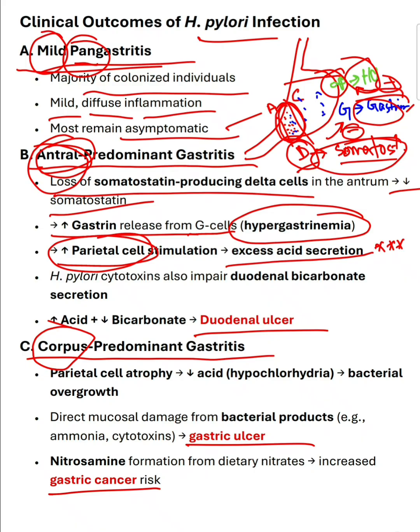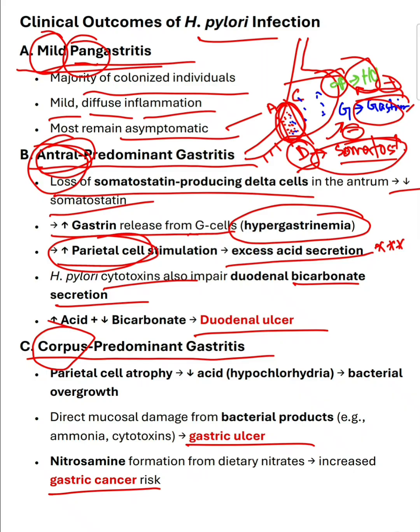Now, in addition to that, Helicobacter pylori produce some cytotoxins that can inhibit the bicarbonate release in the duodenum.